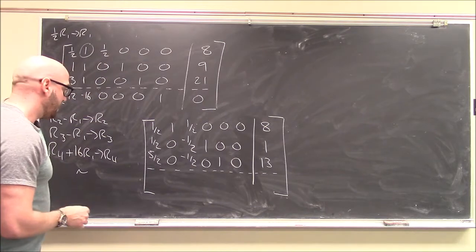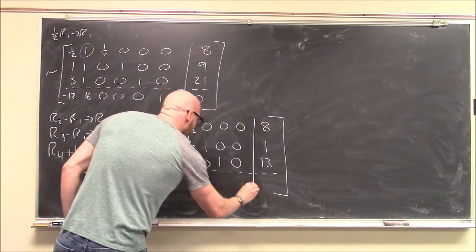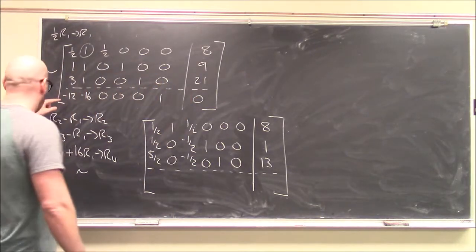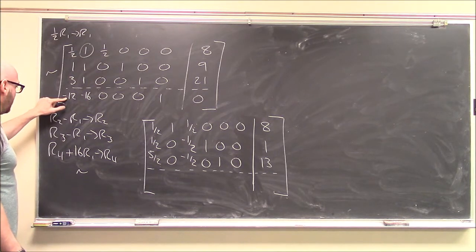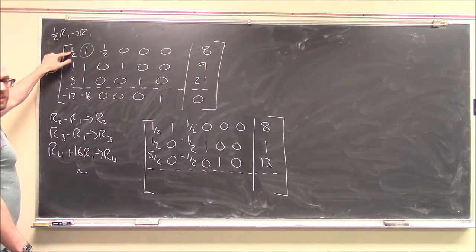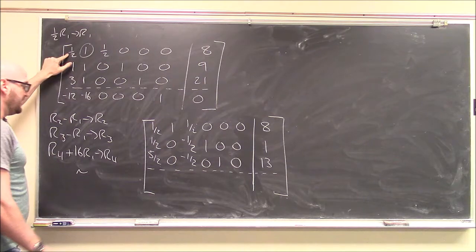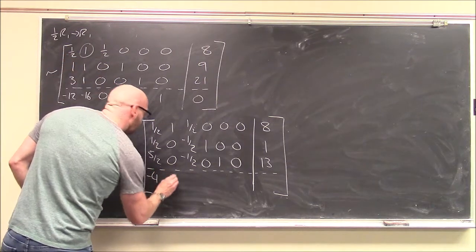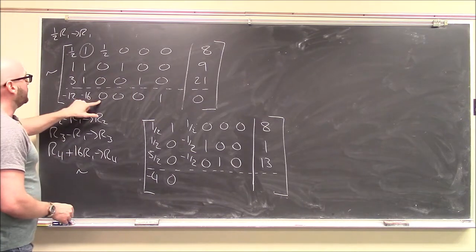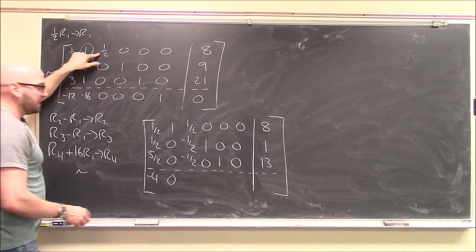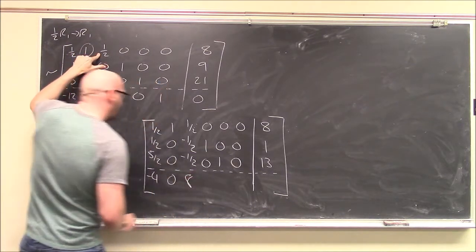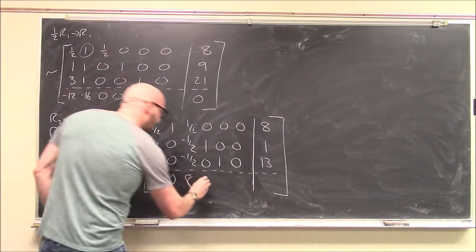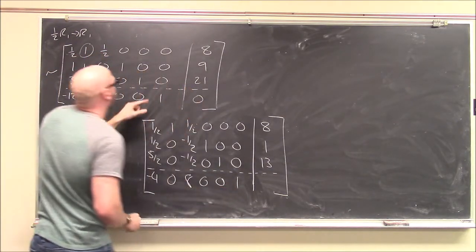And now the row operation with slightly bigger numbers, so we'll be careful here. Minus 12 plus 16 times 1/2. So minus 12 plus 8 is minus 4. Minus 16 plus 16 is 0 like I wanted. Then we've got 0 plus 16 times 1/2. 0 plus 8 is 8. 0, 0, 1.